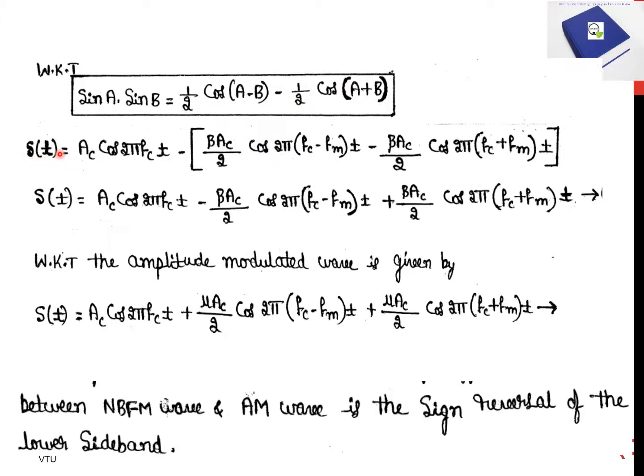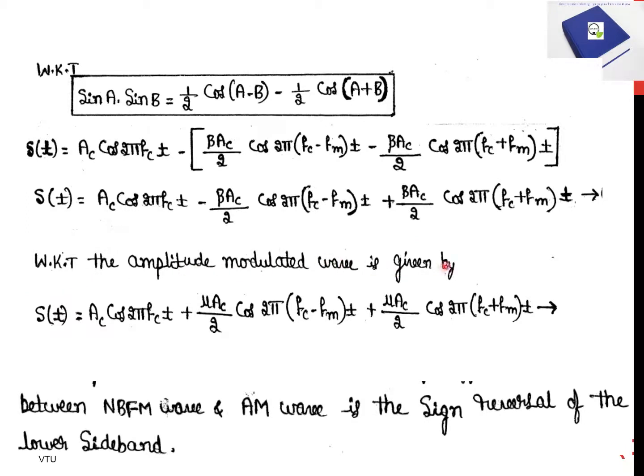So I can rewrite S of t as Ac cos 2 pi fct, keeping the first term as it is, minus beta Ac by 2 cos 2 pi (fc minus fm)t minus beta Ac by 2 cos 2 pi (fc plus fm)t.